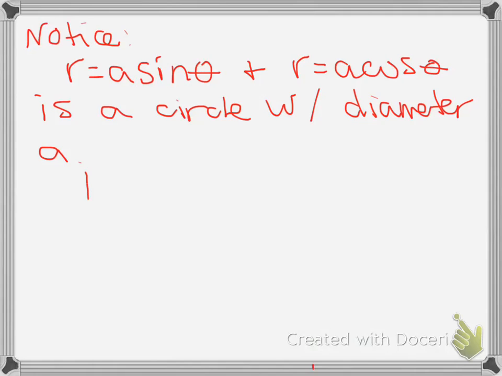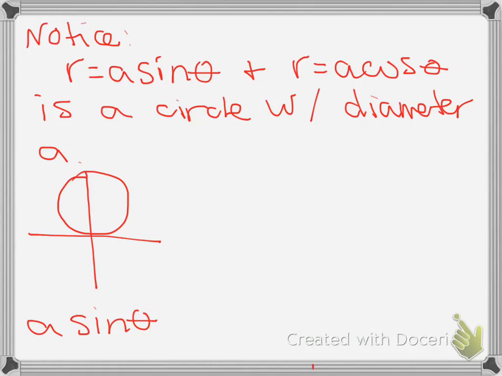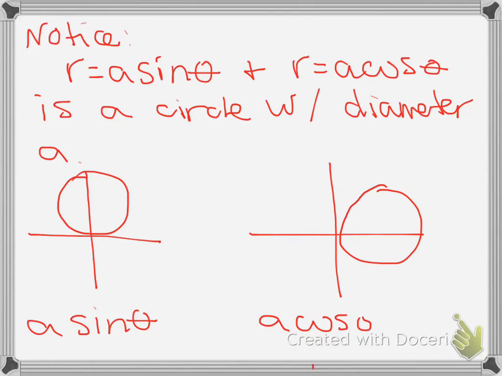So when you have a sine theta, your circle is going to be on the y-axis. Okay? When you have a cosine theta, it's going to be along the left and right.